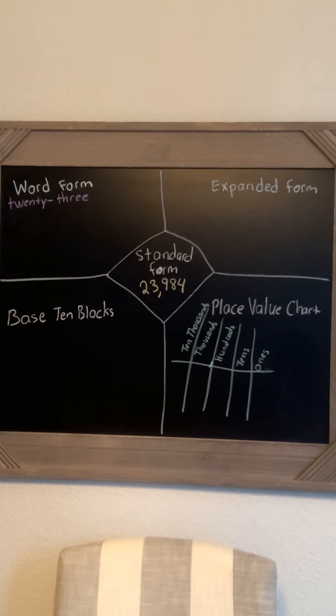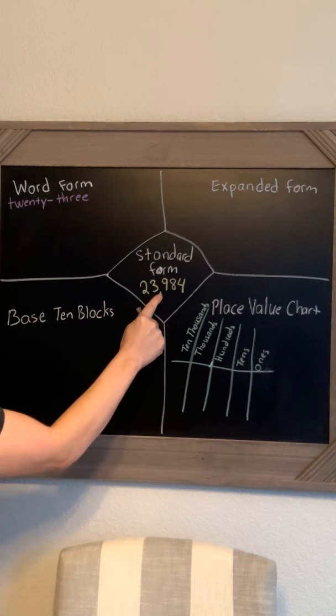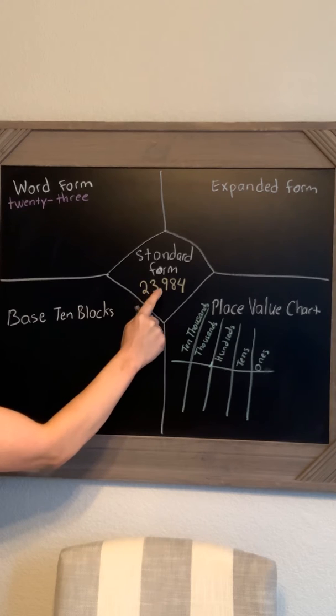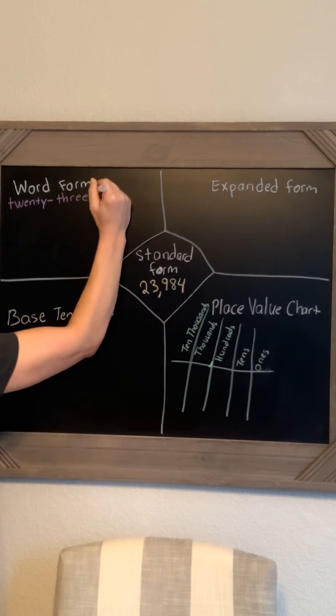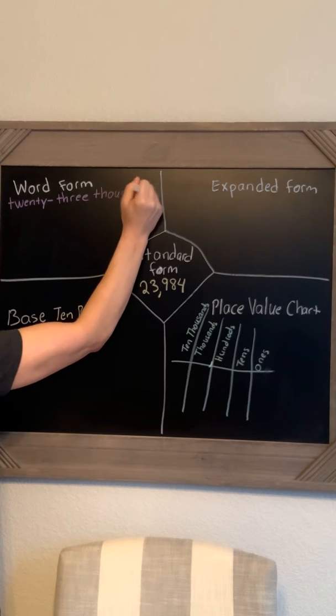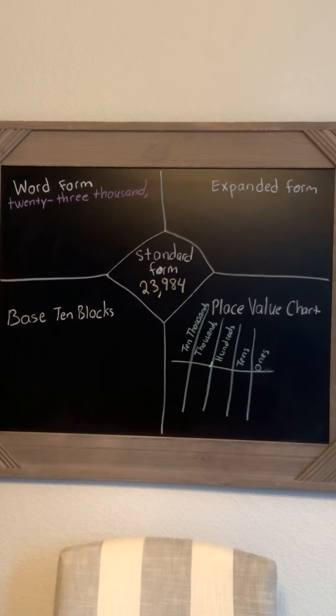Now I'm gonna pause and think. When I get to that comma, I'm gonna say the word thousand. So 23,000. So then I'm going to write the word thousand and then put my comma.